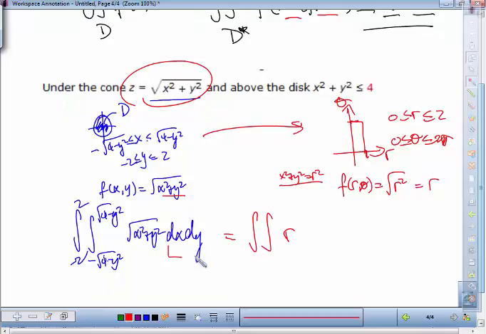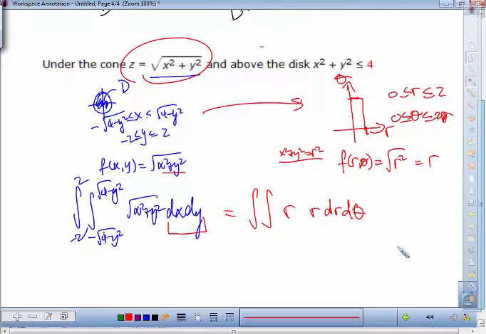Now I want to replace my dA, my dy dx, with what? r dr d theta. Now let's take a look at the limits again. Limits with respect to r. r is first, so r is going to be the inside. r goes from 0 to 2, constant limits. Look at that.